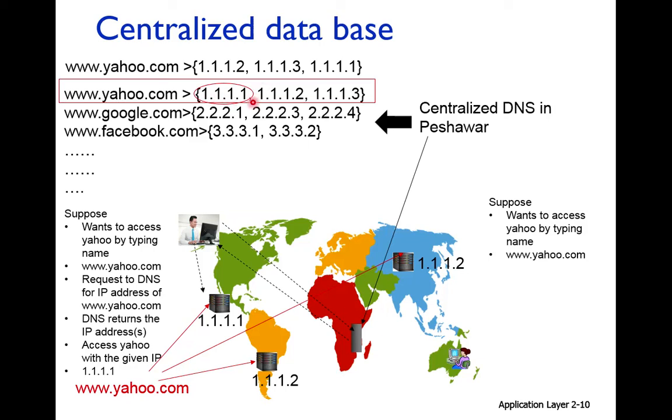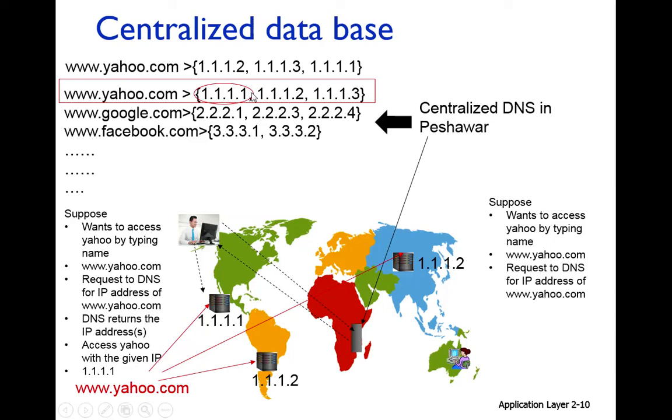The top IP address is stored at the end of the list. So now the IP addresses are stored in this order: 1.1.2, 1.1.3, 1.1.1.